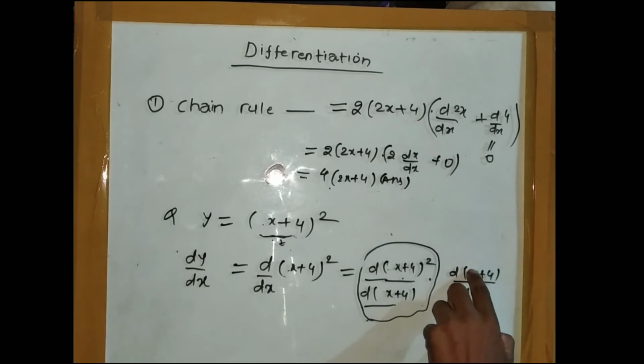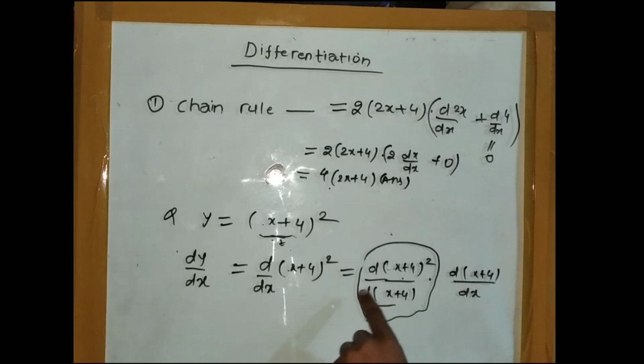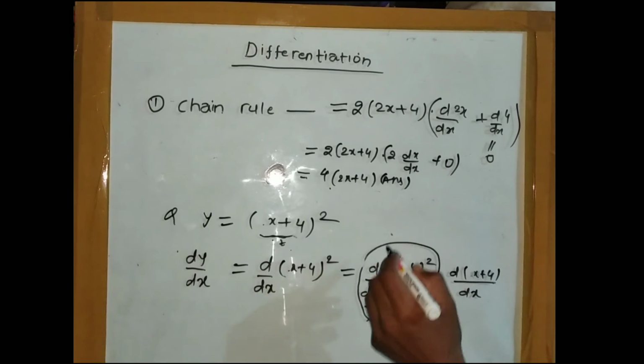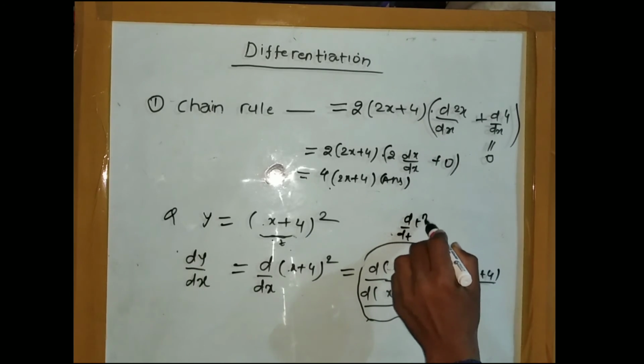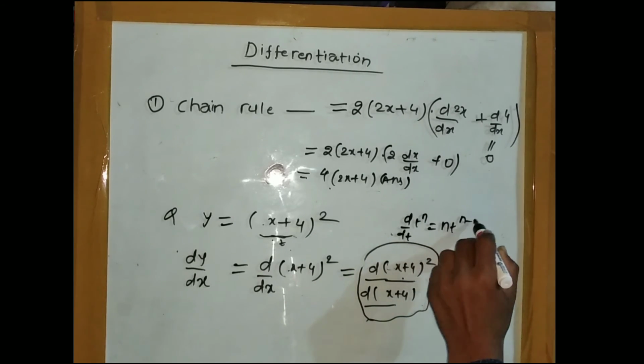So the derivative of this term is 2 into (x plus 4). Why? Because we know that d by dt of t to the power n is n t to the power n minus 1.